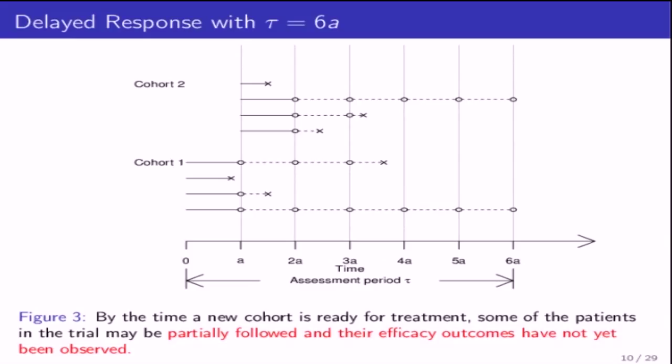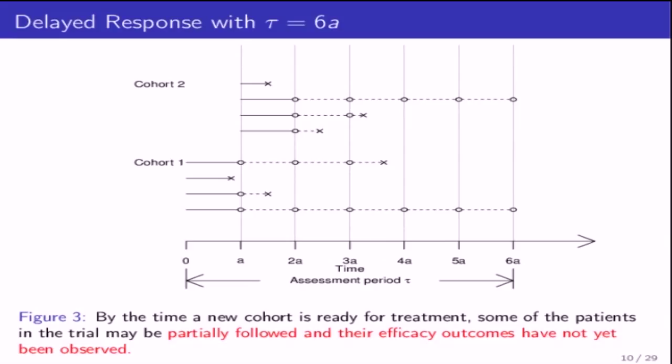Their outcome has not been fully evaluated yet, because by the next week, cohort 2 arrives, and those 4 subjects are ready for the treatment. But by that time, the 3 patients in cohort 1 are only partially followed, and their efficacy outcomes have not been observed yet. That poses a missing data problem, or you can also consider it a censoring problem.